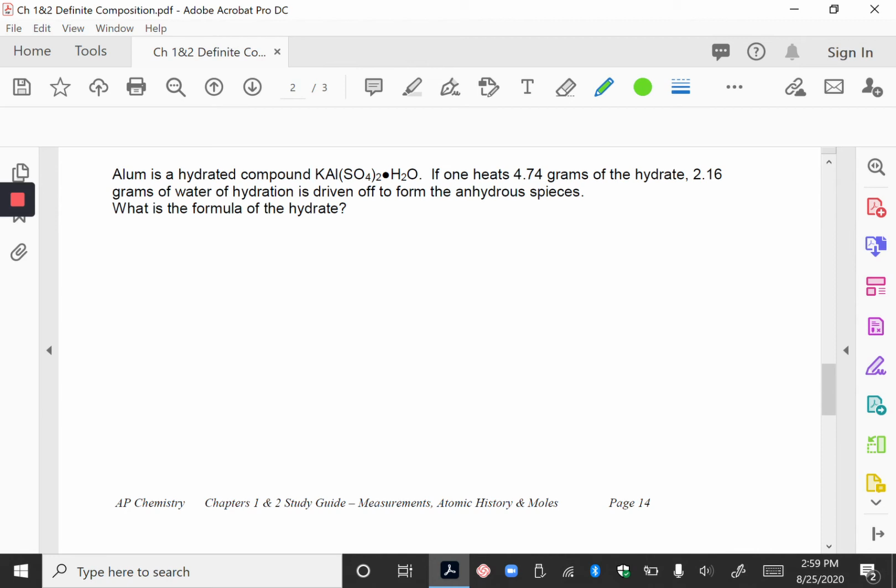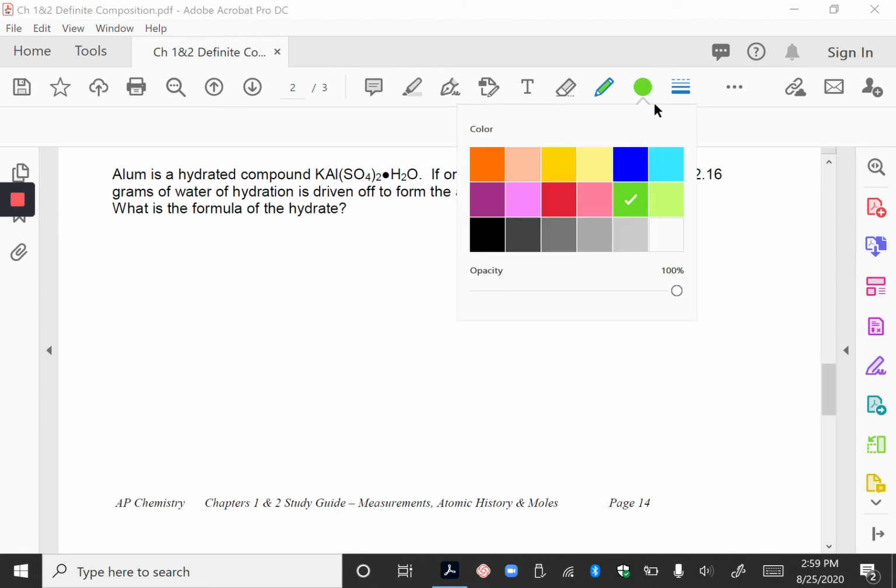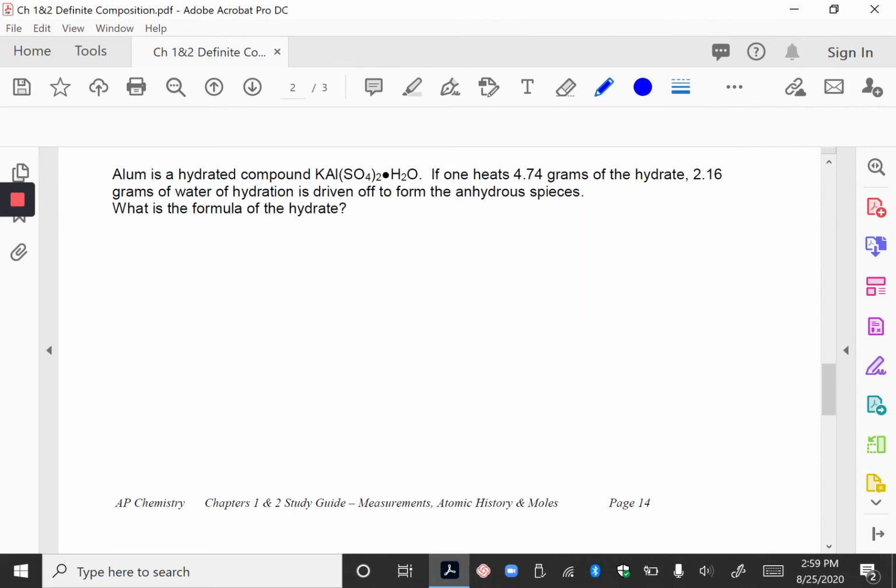So let's think about what they're telling us and what we're asked for. So we are looking at this hydrate, which is KAl(SO4)2, and we know it has H2O.